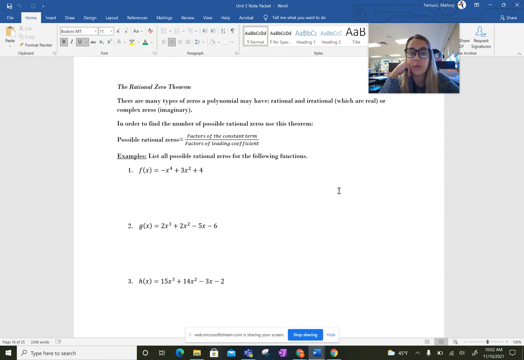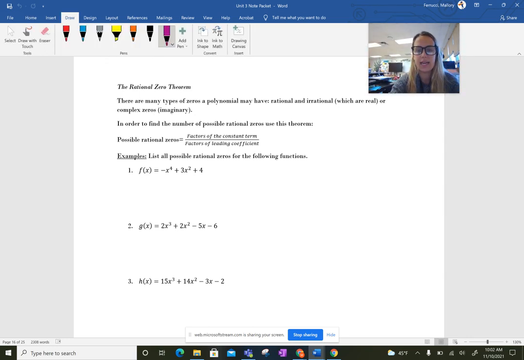So what we do here is that in order to find the number of possible rational zeros, we're going to use the theorem: possible rational zeros equals factors of the constant term. So the constant term is just the term without the x.